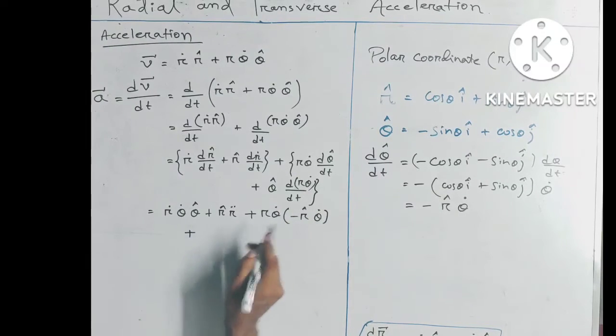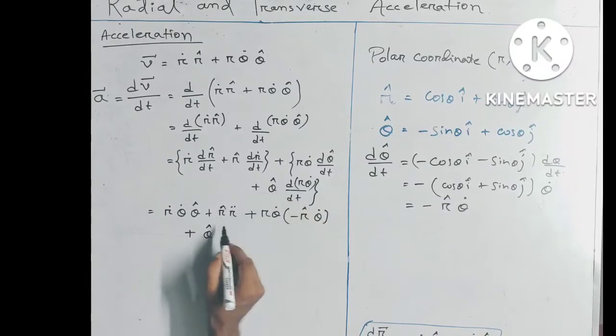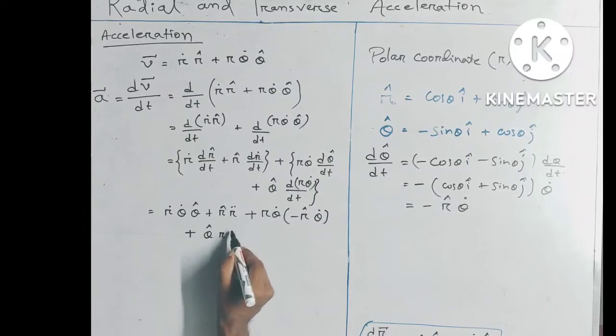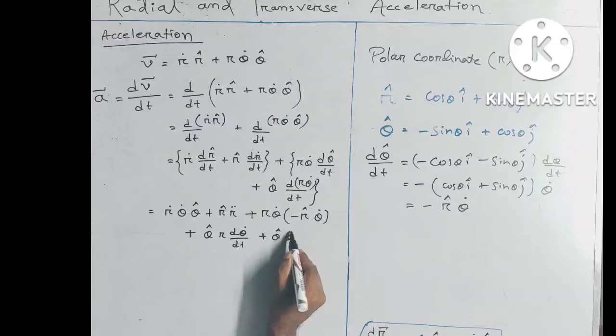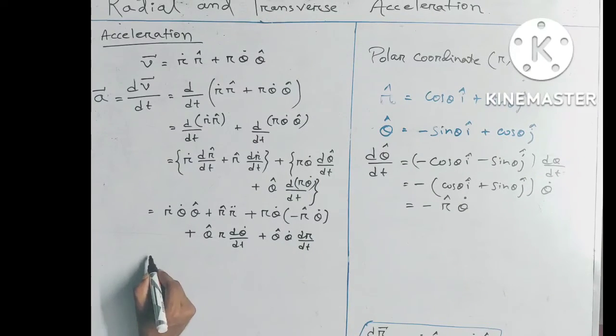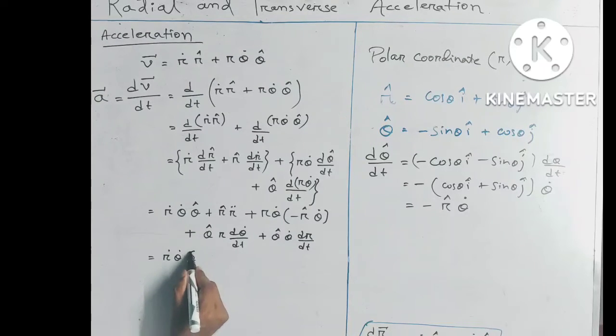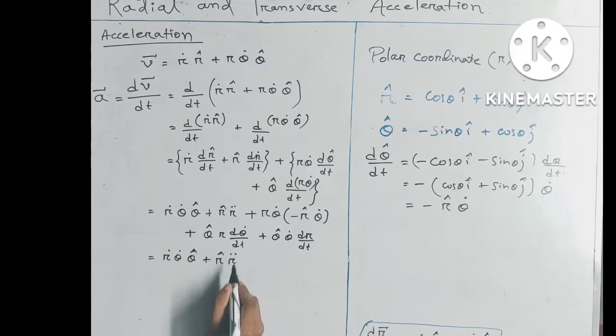Now the remaining part, theta cap. Take r outside, it will be d theta dot/dt, then again theta cap theta dot dr/dt. So this is r dot theta cap plus r cap r double dot.